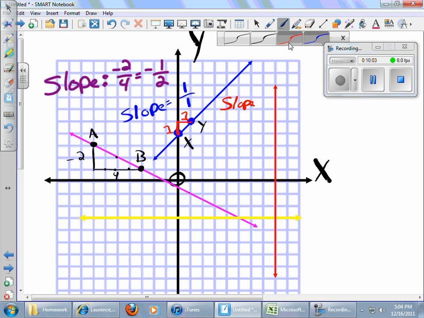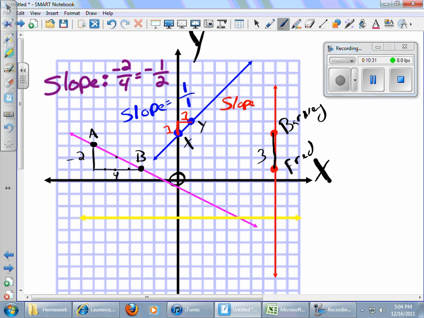For the red line, I'm going to find 2 points. Okay, I'll count my rise. It looks like I'm going to rise 1. Oh, I didn't name my points. Let's name this one Fred, and this one Barney. Okay, and I will rise 1, 2, 3. So my rise number is 3. Do I have to move left or right to get to Barney? No, I don't.